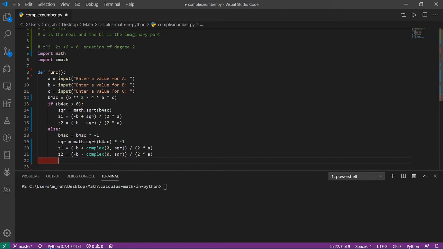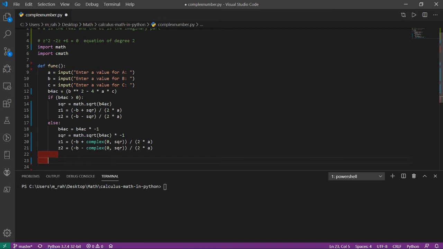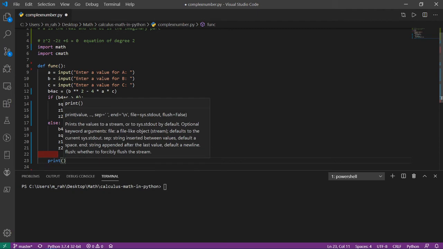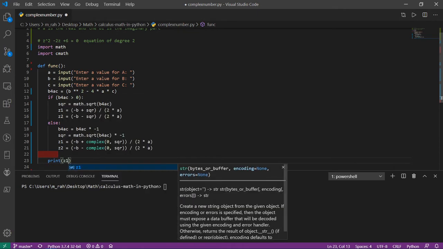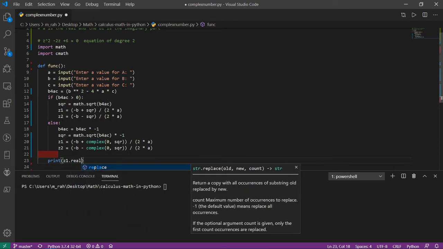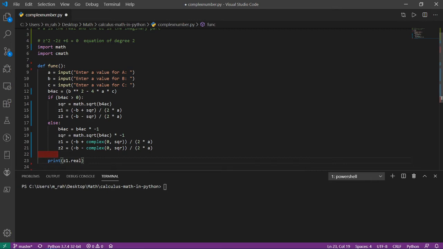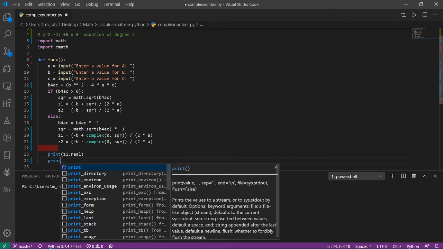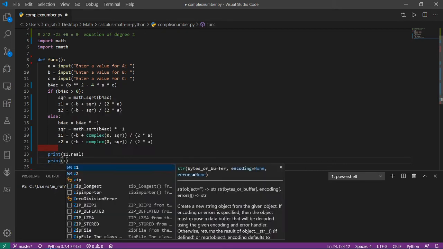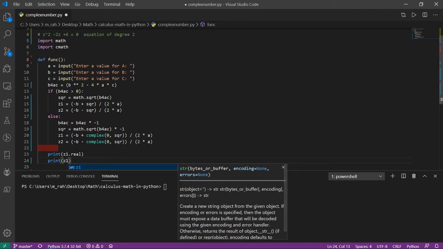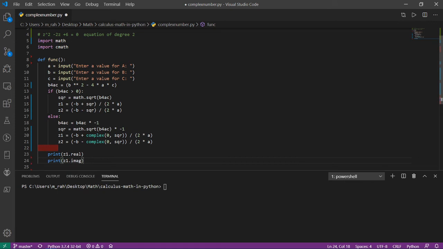We just need to print out the result. So now we can say print set1.real, and print set1.imag, imaginary and real.